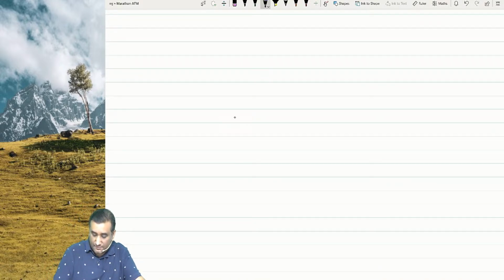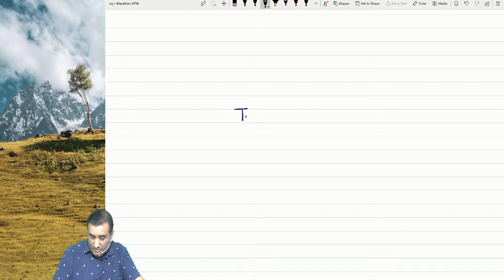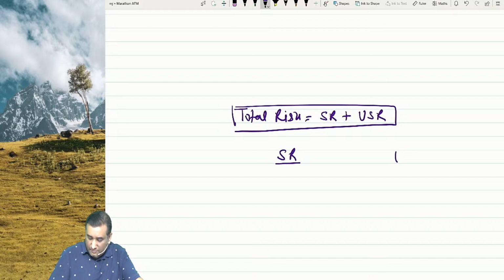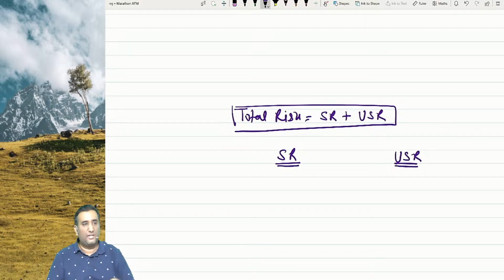Total risk is equal to systematic risk plus unsystematic risk.